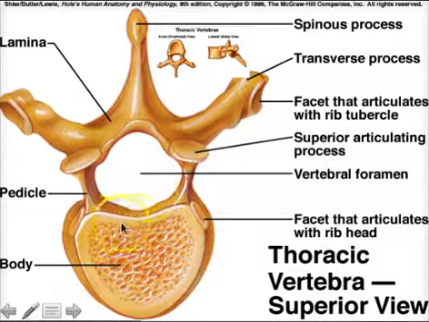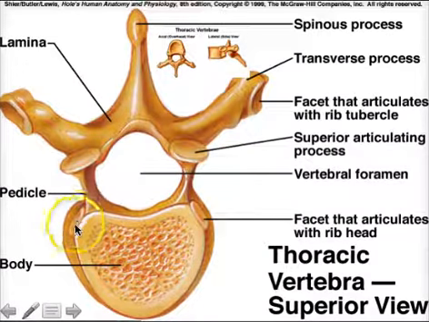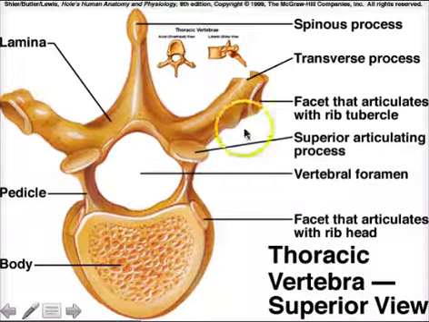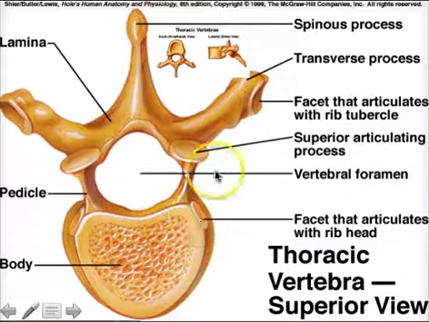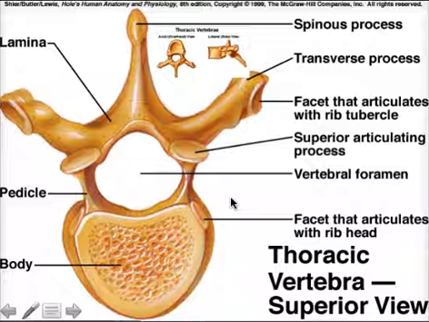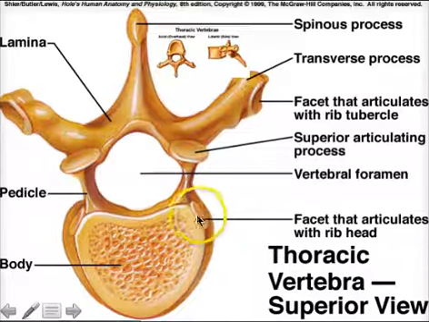Here's a couple of interesting features that are only found on thoracic vertebrae. Right here, this facet, a little demi-facet on the body of the vertebrae, and then there's a facet out here too on the ends of the transverse processes. That's for the articulation of the ribs, because ribs only articulate with thoracic vertebrae. The head of the ribs attach here at the body.